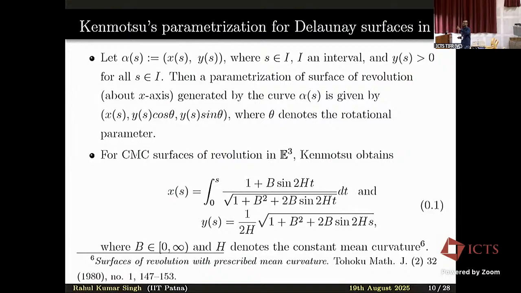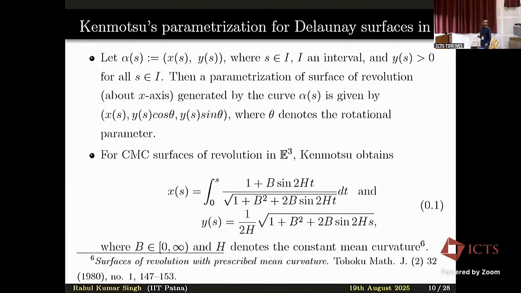And when b is 1, you get a sphere. When b is in between 0 and 1, those values will give you the unduloids. And when b is greater than 1, this will give you the nodoids. So basically you are getting the parametrization of those generating curves, and so the corresponding surfaces of revolution.